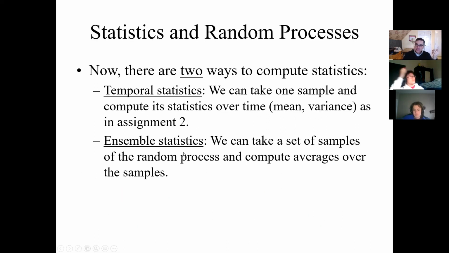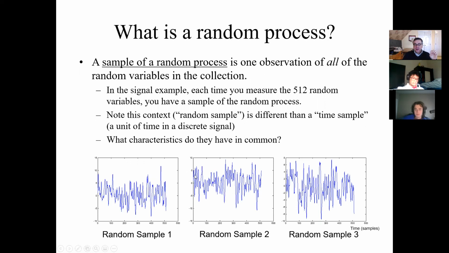But there's another way to do it that is called ensemble statistics, which is to compute averages across all of these random samples. Ensemble is probably a new term that is used in random processes. By the ensemble, we mean all of the possible random samples we might get.